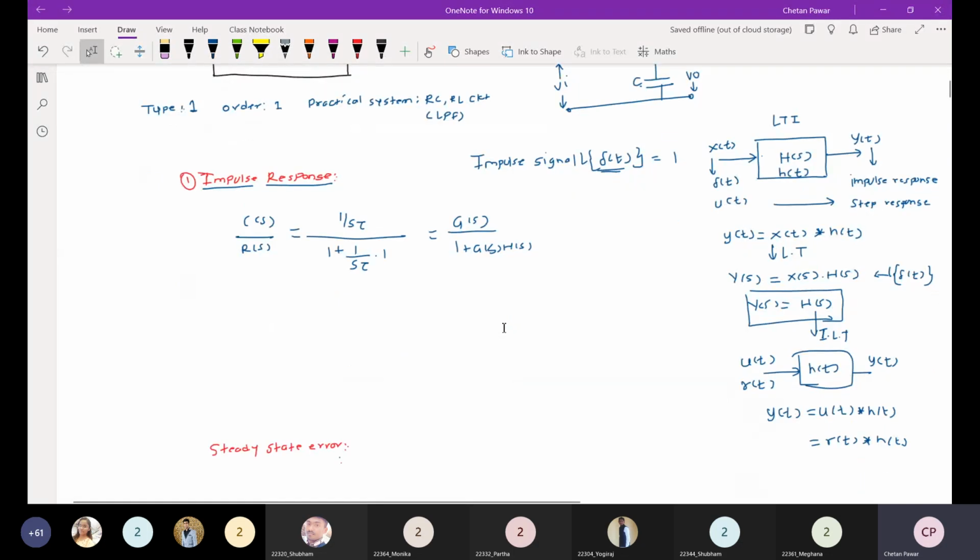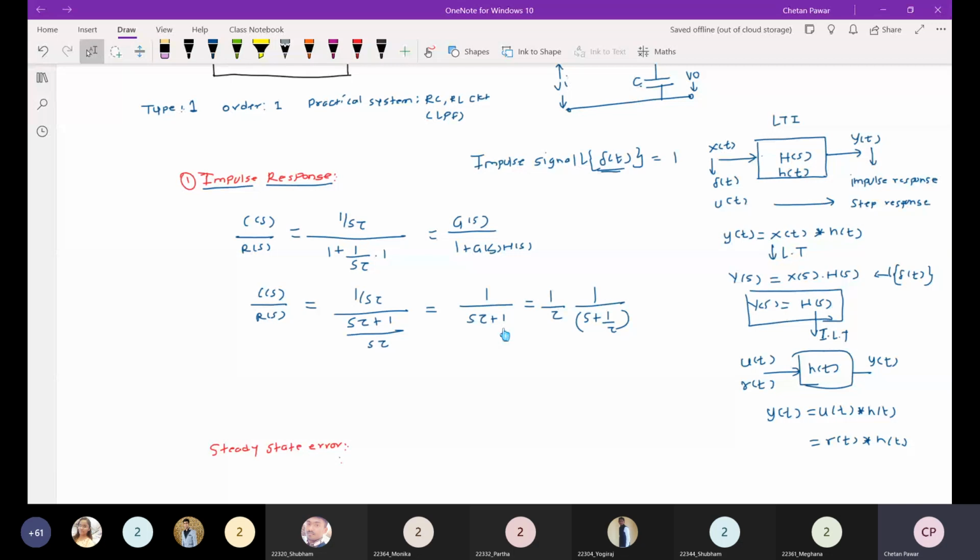So if I simplify this, this is C of S upon R of S. So this is a closed loop transfer function, right?